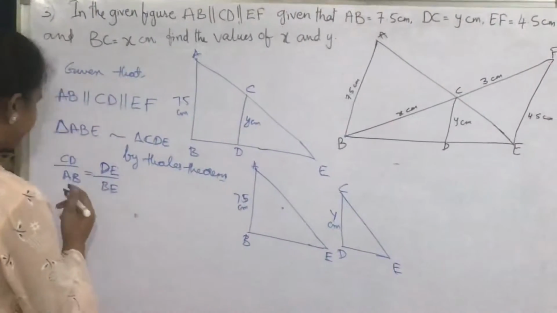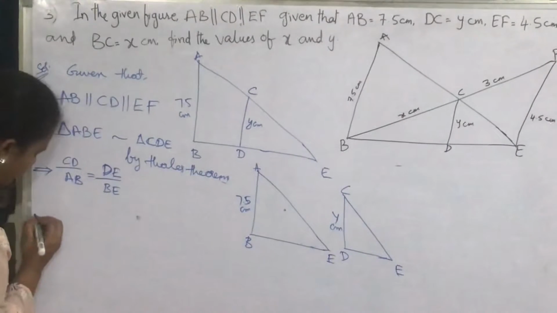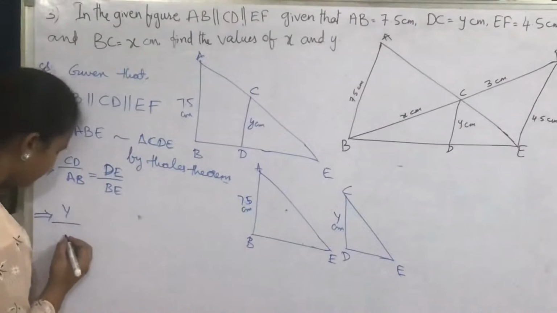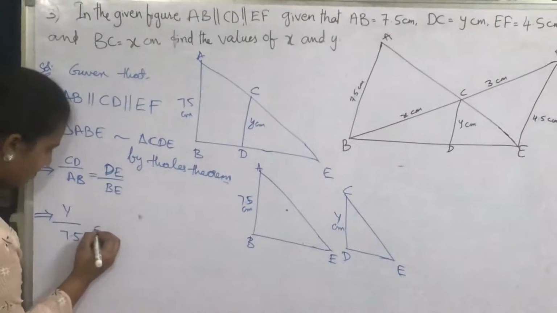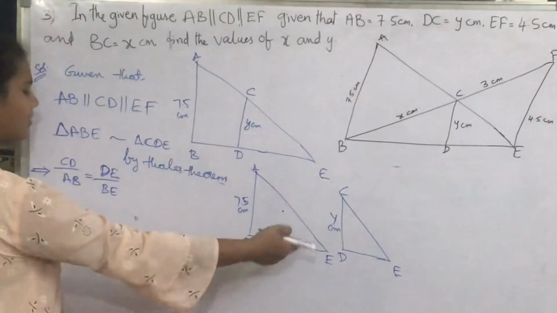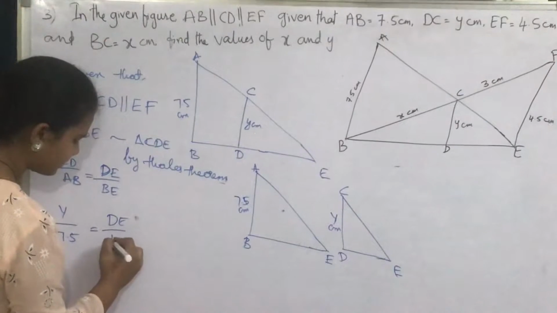Now here, let CD be y, by AB value 7.5, equals DE by BE. We don't have any value for DE and BE, so let it be DE by BE.